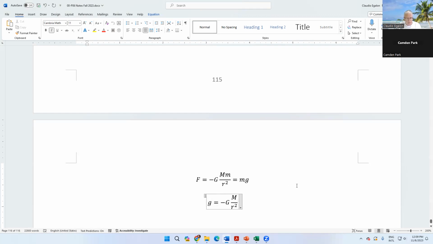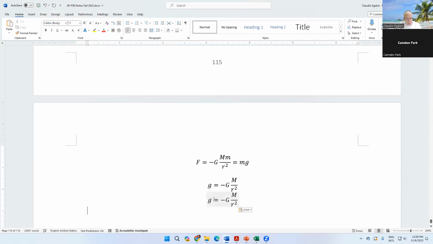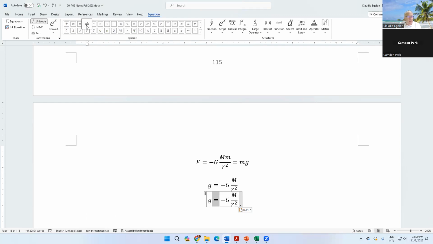They're not equal. You see that? When you get rid of the m, then is it equal or not? Well, it's not the same thing. This equation tells us that small g is different from big G.